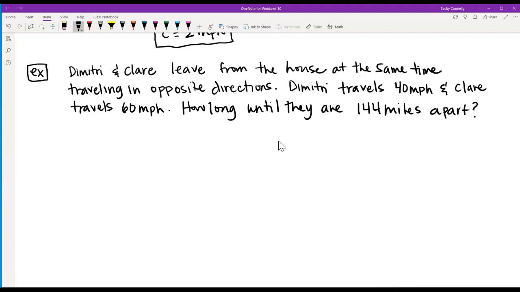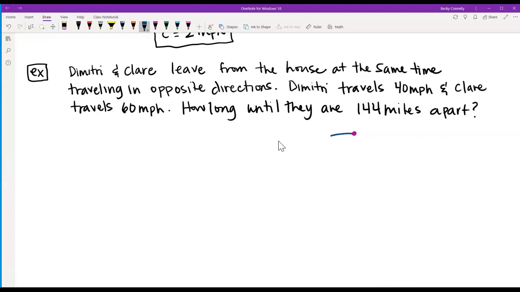All right, so I'm just going to draw a little picture maybe of what's going on here, because I think it's easier to visualize in your mind what's happening. If you're trying to do that, then draw a little picture. So here's the house that they were both at, at a friend's house, and they're each going different directions from there.